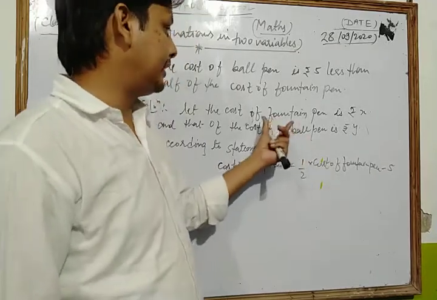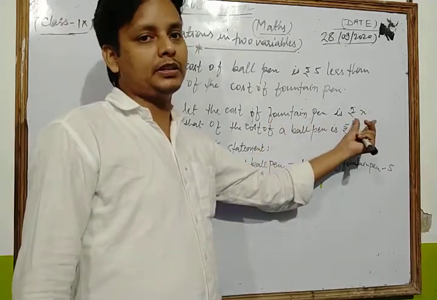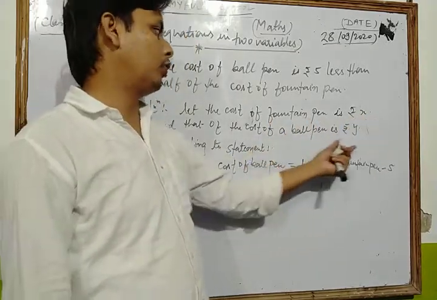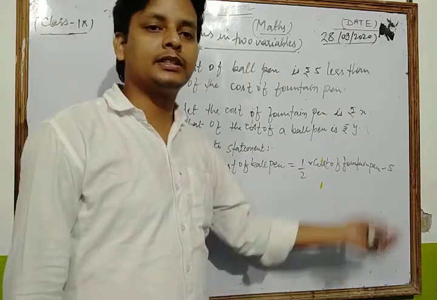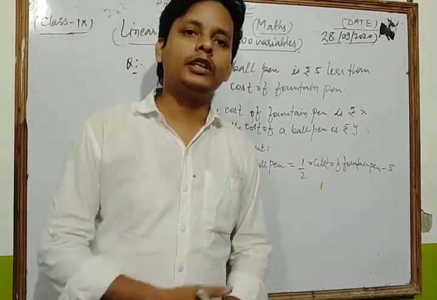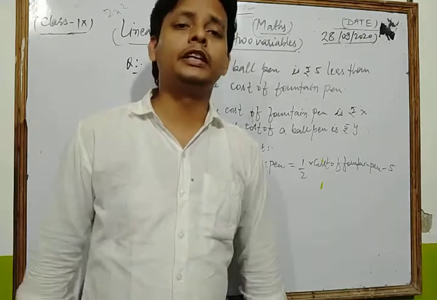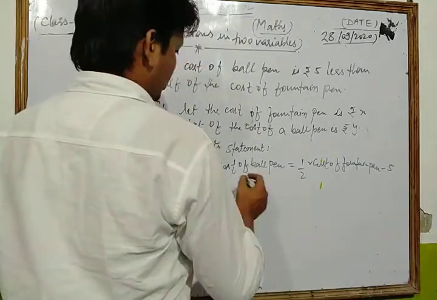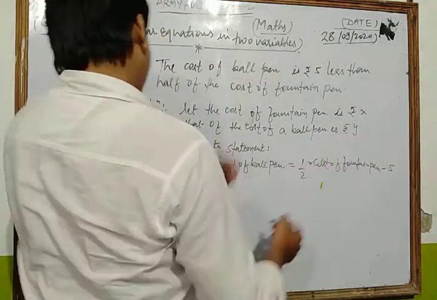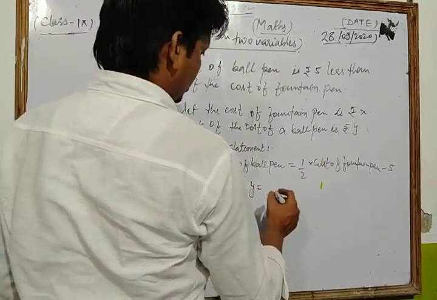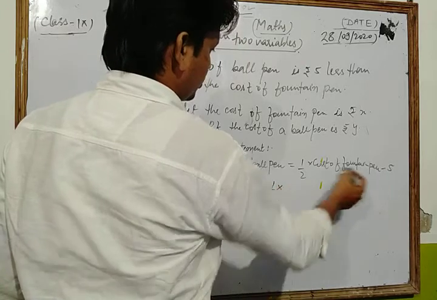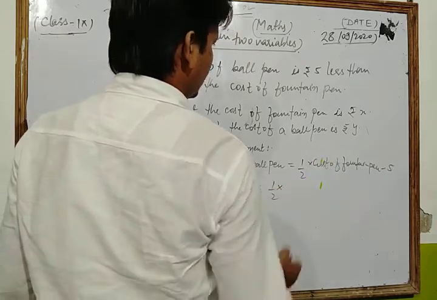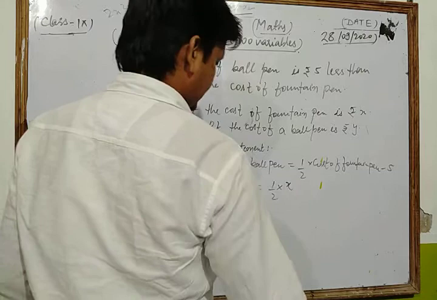Now here we take the cost of the fountain pen as rupees x and the cost of the ball pen as rupees y, because we represent the given statement in the form of a linear equation. So y is equal to 1 by 2 into x, minus 5.